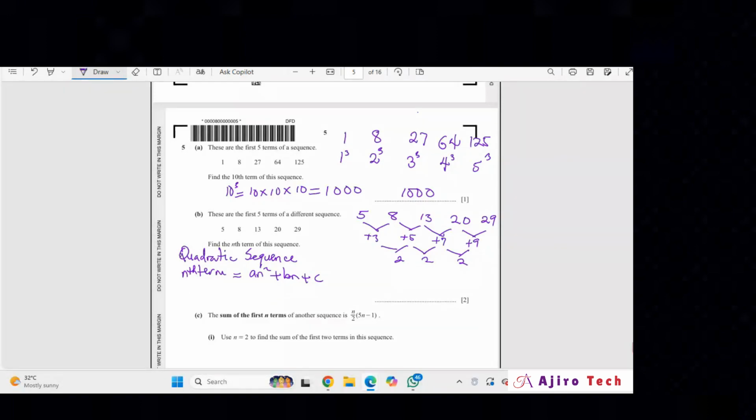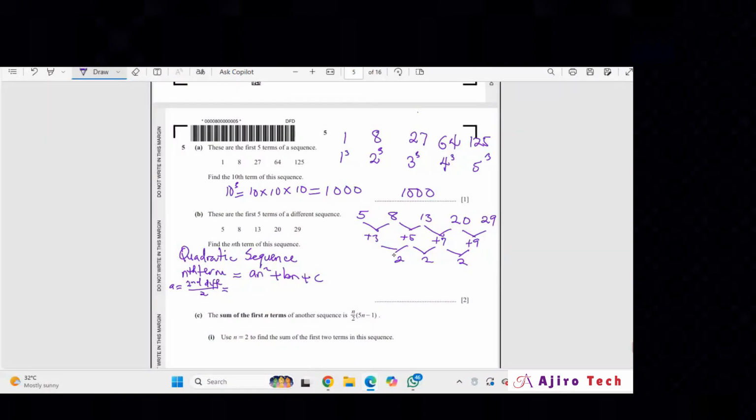Now, how do we find a is this. I'm going to explain this. For us to find a, you use the second difference and divide it by 2. It has a formula. So for us to find a, do second difference divided by 2. And what is the second difference here?